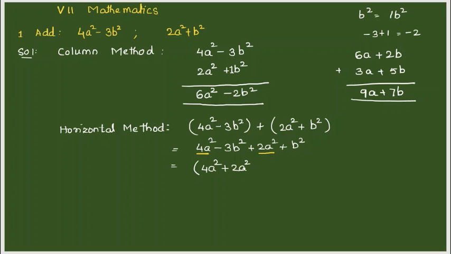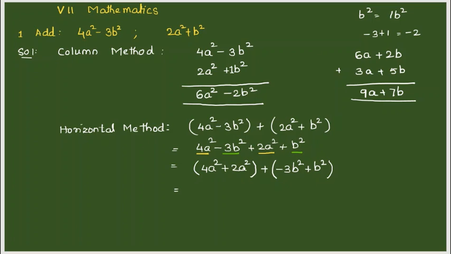Okay, there is no other like term, so we close the bracket. Okay, again plus, and there are two other like terms, that is minus 3b square and plus b square. So we write minus 3b square and plus b square also as a group in one more bracket. So we close the bracket.